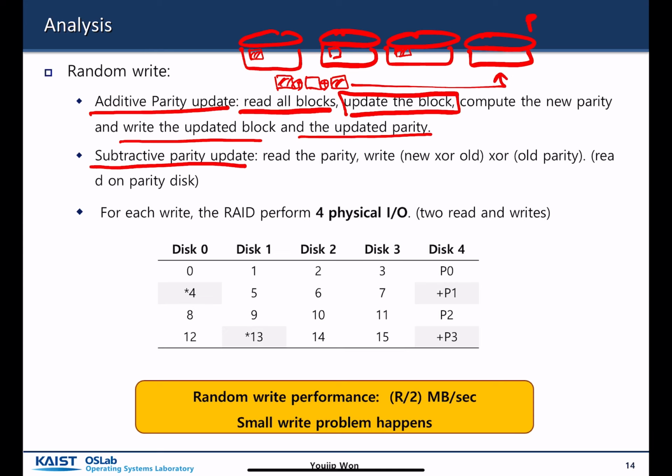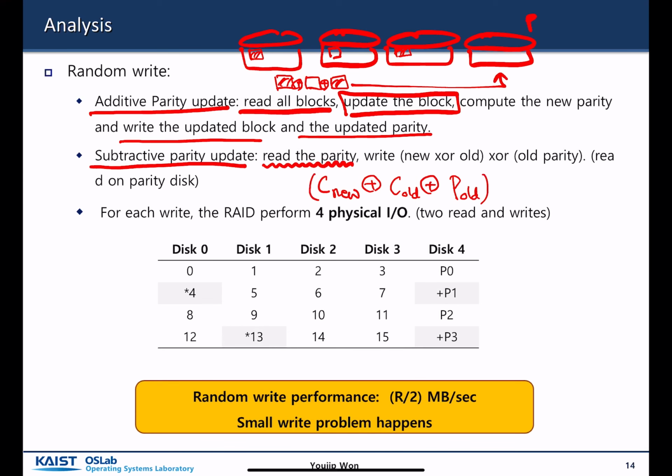In this approach, it reads only the parity block. Then, when you compute the new parity, let's say C is the chunk you want to update, and there is C new. This is the contents of the new chunk, and this is the contents of the old chunk, and then this is the old parity.